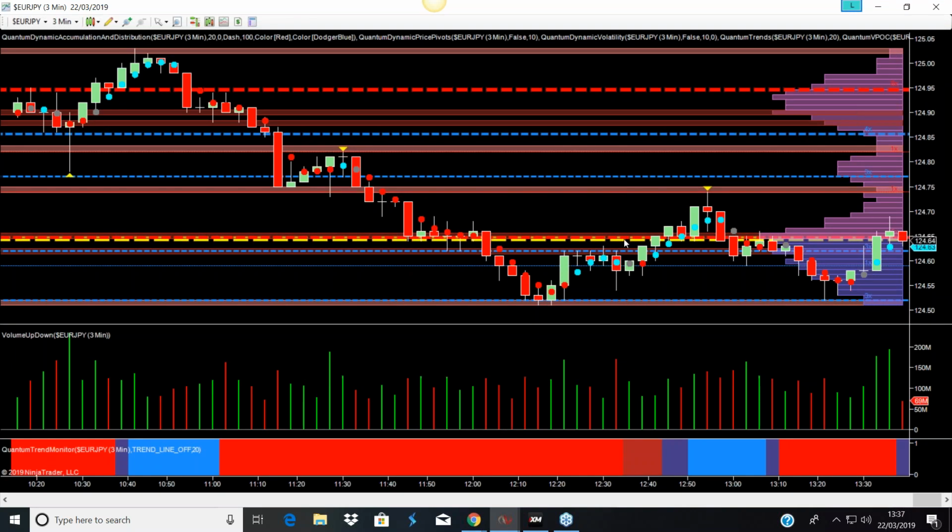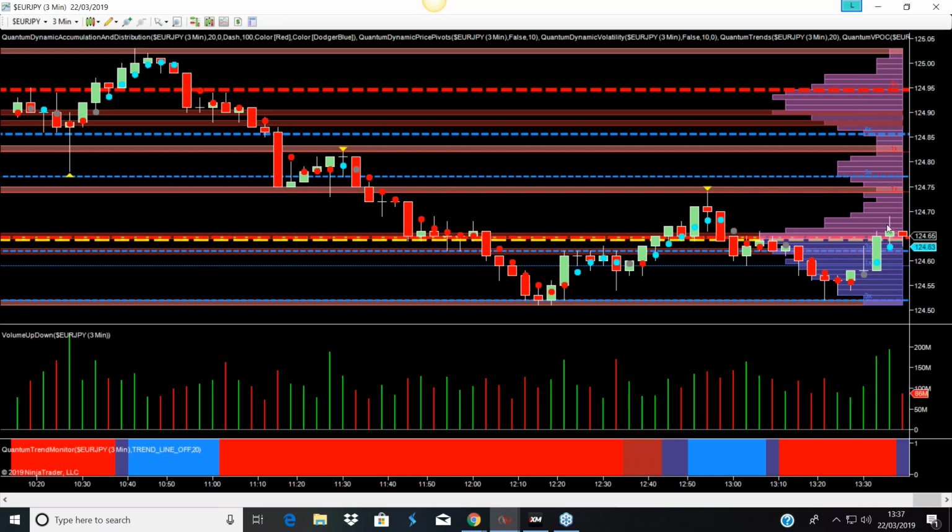And in fact, what's interesting is the VPOC has now moved down to where the price action is at present, and that tells us certainly we can expect a degree of congestion, but it will also provide some decent support if this is going to go higher. It's not really terribly encouraging at the moment because you've had this up candle here with volume that was okay.